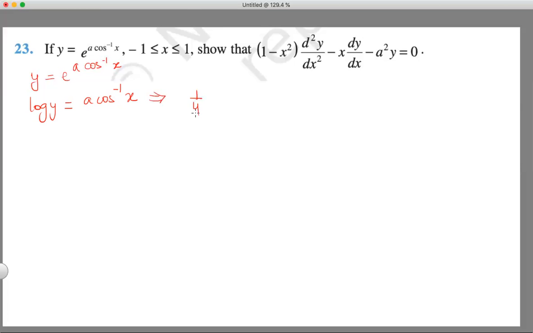So we will get 1 by y into the differential of y is equal to a, and what is the differential of cos inverse x? 1 upon under root 1 minus x square, right? So we have got it into this shape now. Now what should we do?